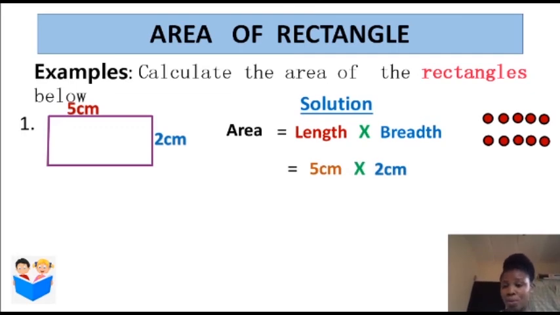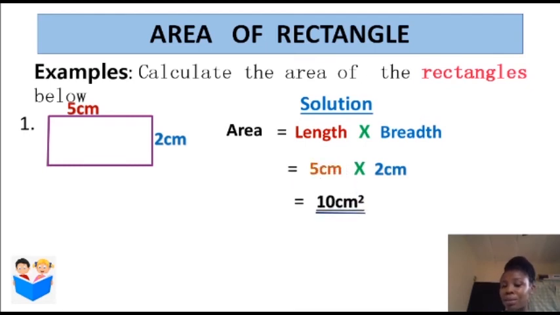So let's count. 1, 2, 3, 4, 5, 6, 7, 8, 9, 10. 10 balls. So that is to say 5 centimeters times 2 centimeters is equal to 10 centimeters squared.